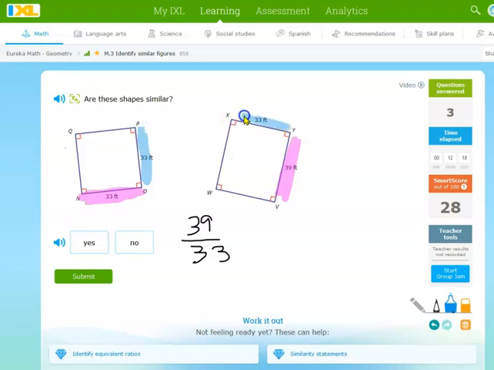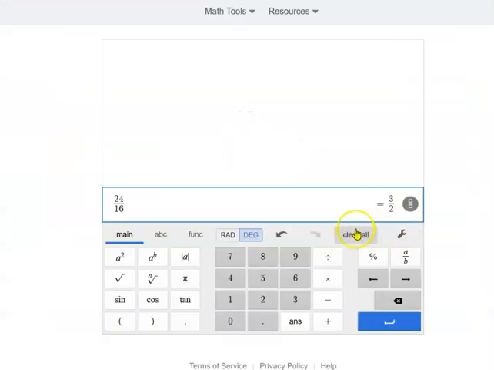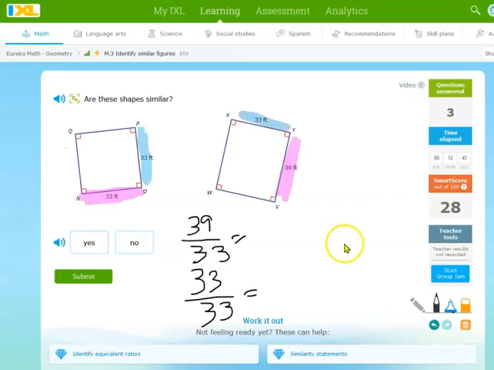So 33 and 33. So 33 over 33. Let's go over and simplify these both and let's see what they're equal to. 39 over 33 is equal to 13 over 11 if we want to simplify that in terms of a fraction form. So this is 13 over 11.